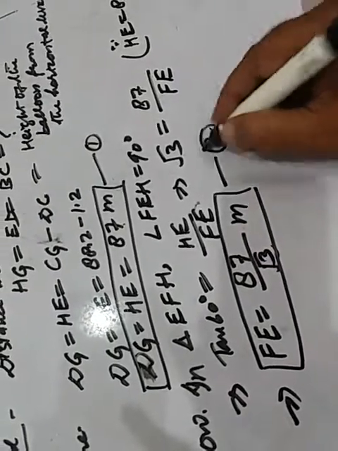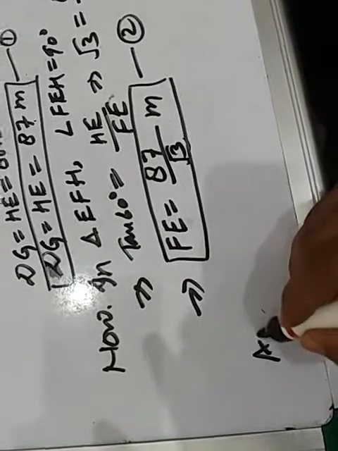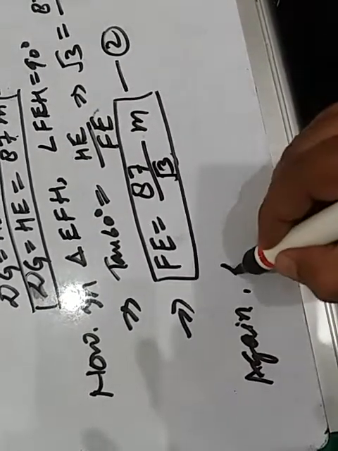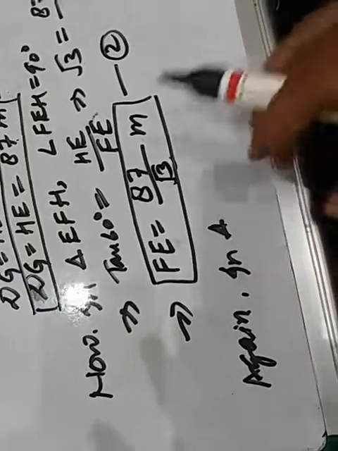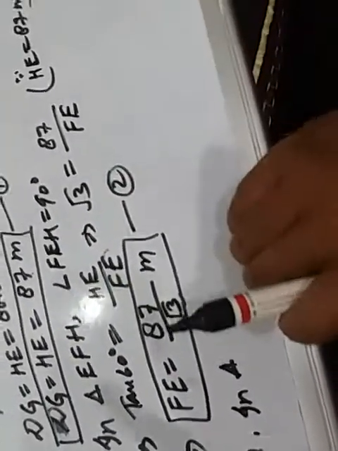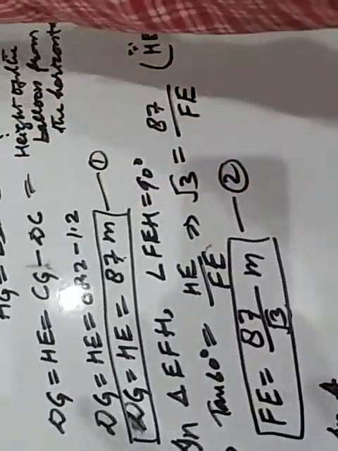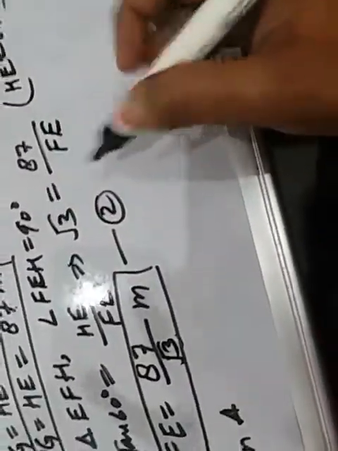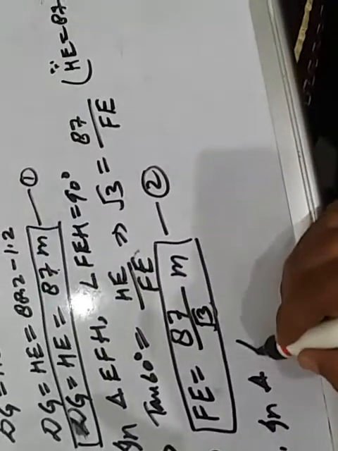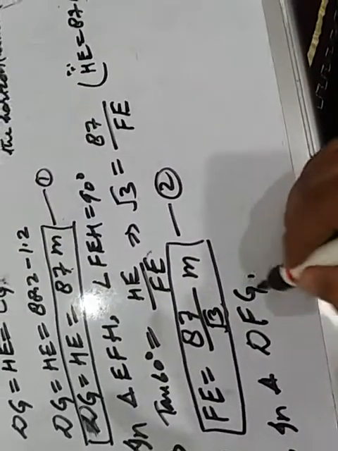Clear? Right? Again in triangle, which triangle? In triangle DFG, let us see children.